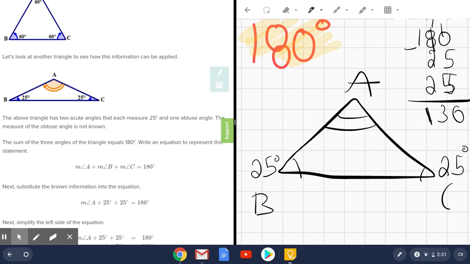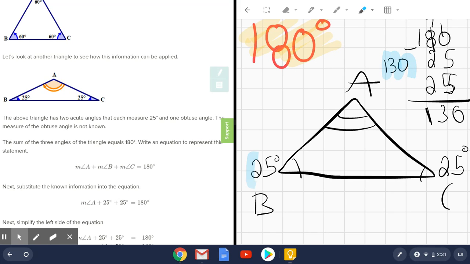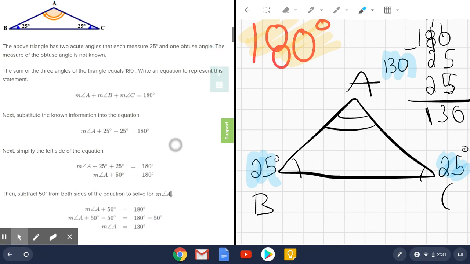So angle A has to equal 130 degrees, right? Because if we have angle A, 130, angle B, 25, and angle C, 25, those all add up to equal 180 degrees.